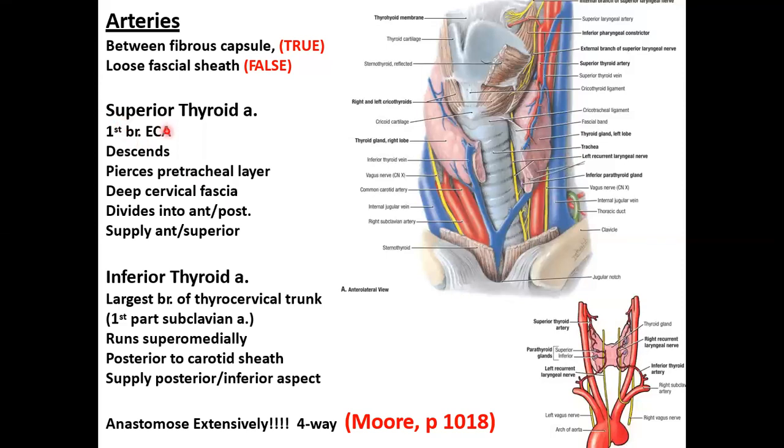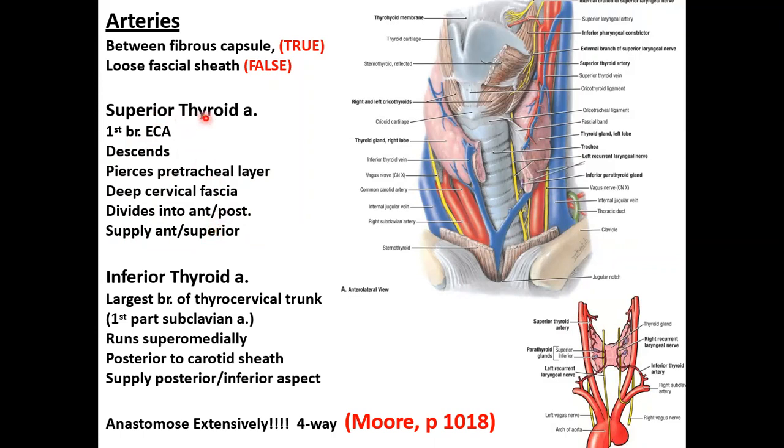However, for the superior thyroid artery, just talking about how it's the first branch of your external carotid artery. It descends down to your thyroid, which you can see here. It pierces the pretracheal layer of your fascia and divides into anterior and posterior, and it supplies the anterior and superior aspect of your thyroid.